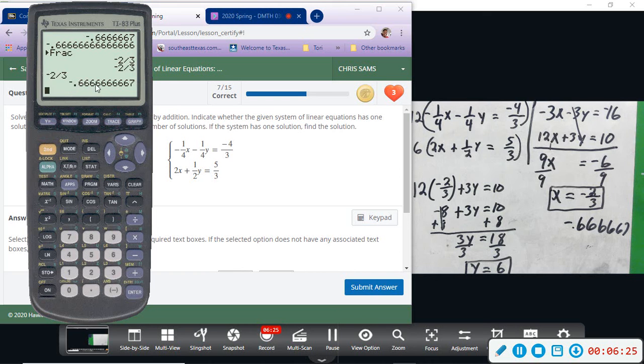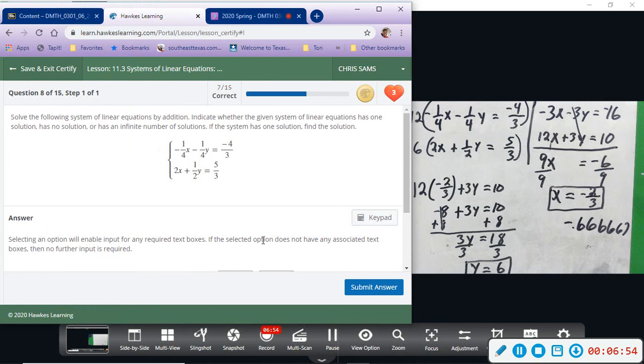Let's see if I do it with 10, if it'll do it. Negative point 1, 2, 3, 4, 5, 6, 7, 8, 9, and then 7. And then math, enter. See, it doesn't do it. So I just find it better to type in 6's across the whole screen for it to convert to a fraction for you, just in case you're using that.